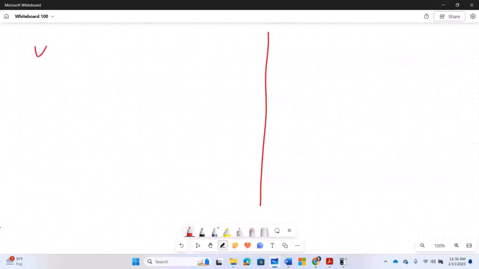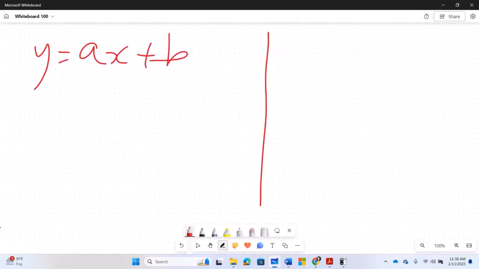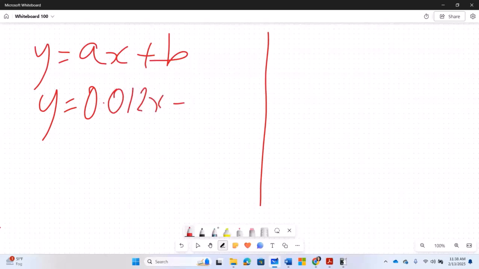The equation I used is y equals ax plus b, slope-intercept form, where a is 0.012. So I'm going to rewrite this equation as 0.012x, and the y-intercept is 5.527.